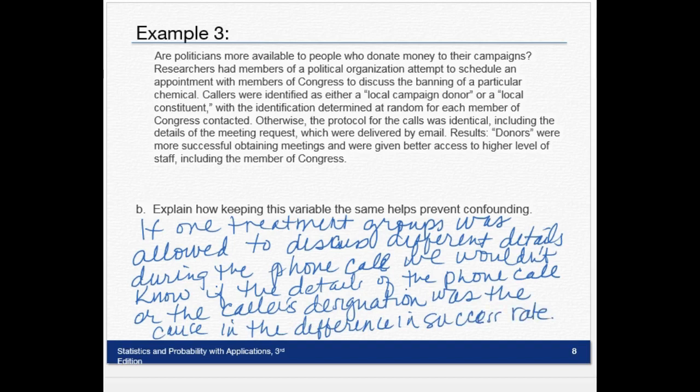All right? So it's that whole keeping one thing, controlling your experiment of having only one variable going on. All right? So that's the value of that. So make sure you read carefully today and answer completely.